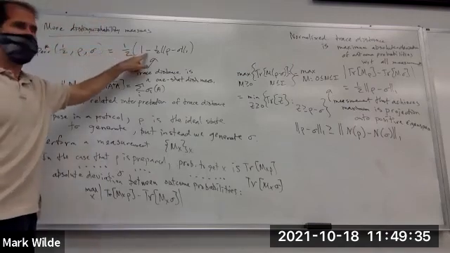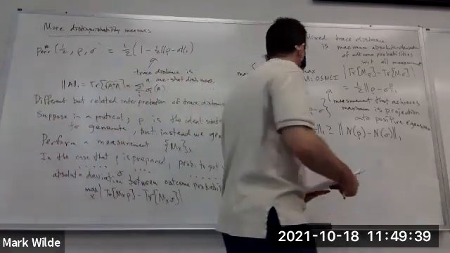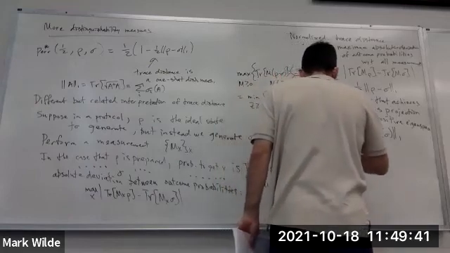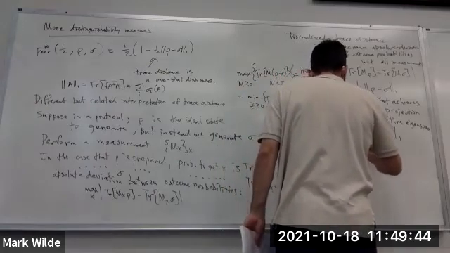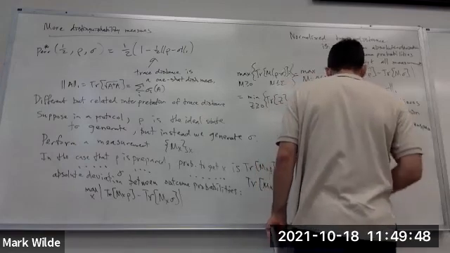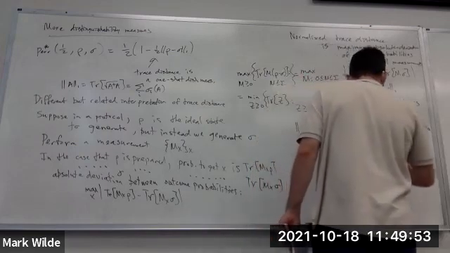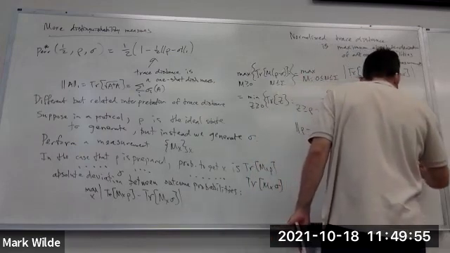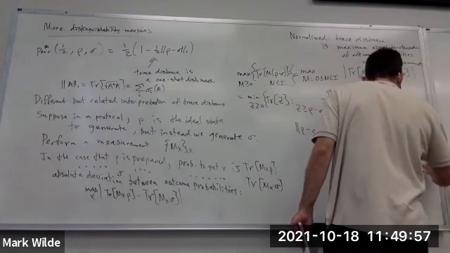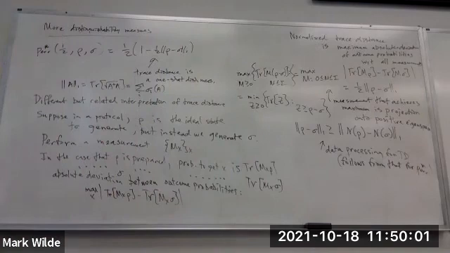But then there's a minus sign in front of the trace distance, so it flips around to this. And once you have that, like we said, trace distance is a good distinguishability measure.